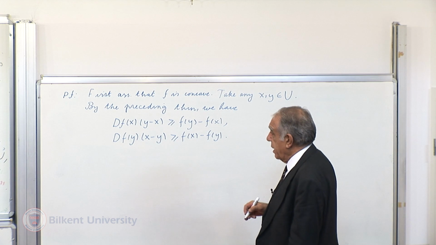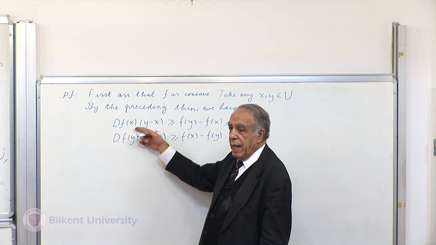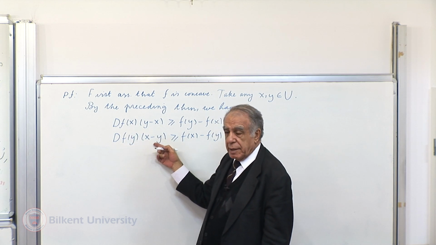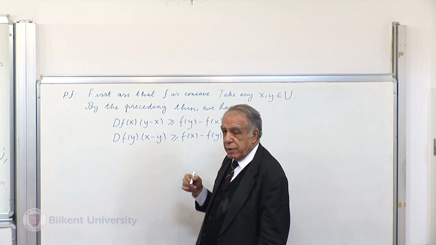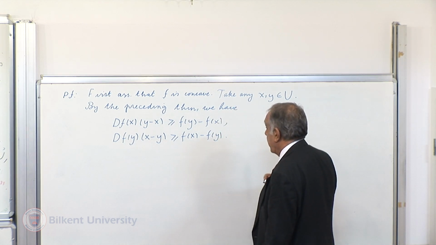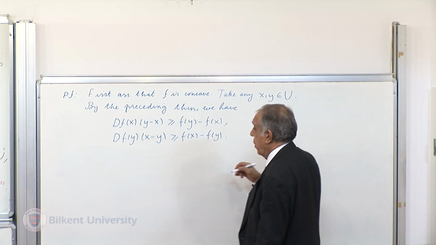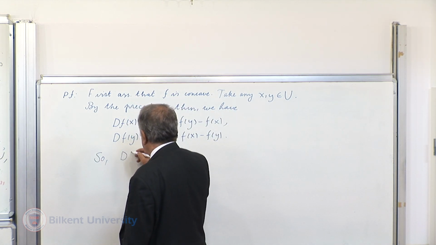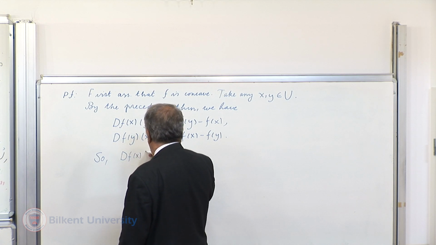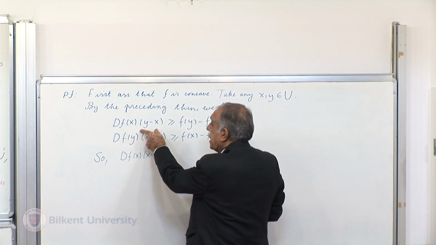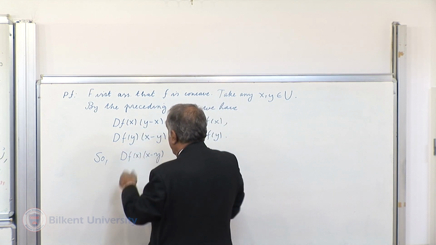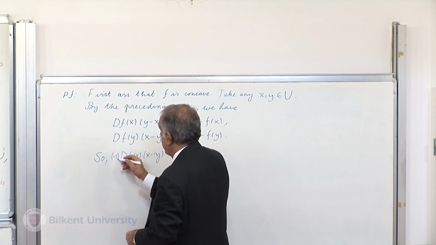What we need is df of x at x minus y minus df of y at x minus y to be less than or equal to 0. So if I have dfx at y minus x, this is minus 1 times dfx at x minus y.